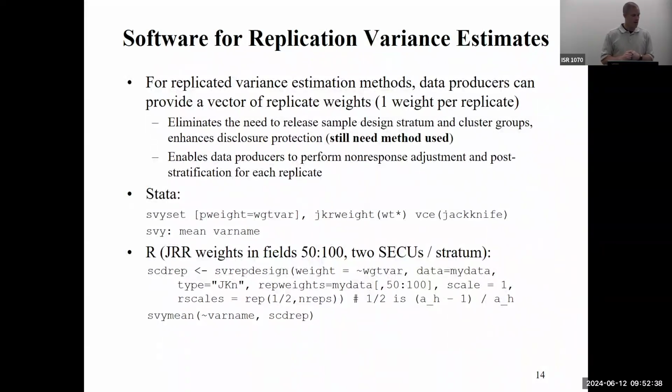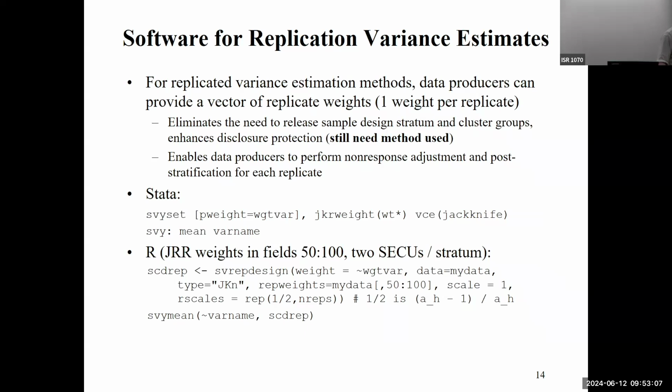In svrepdesign, the first argument is your final full survey weight for the entire sample, then your data frame object, then type is the type of jackknife replicate variance estimation to use, JKn being the most general one that I just introduced, where you delete all the possible clusters. Then the R argument here, repweights, is the same thing as JKR weight within Stata.